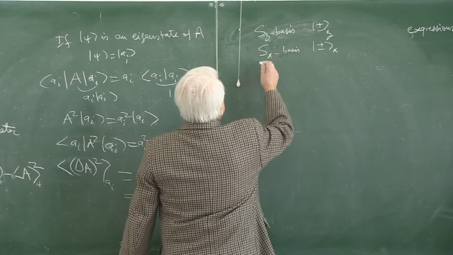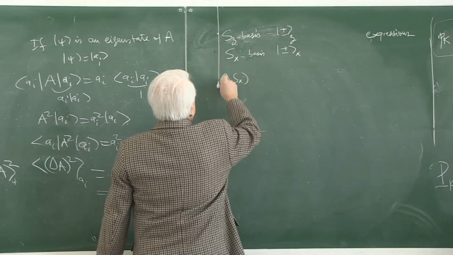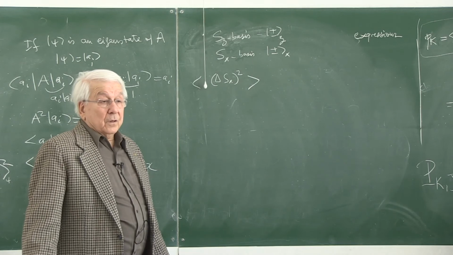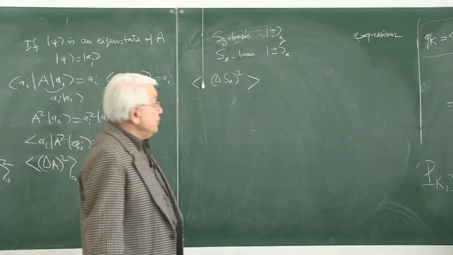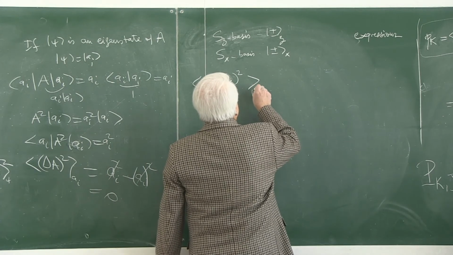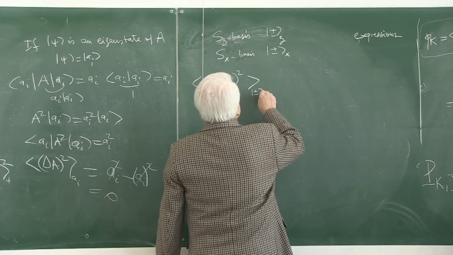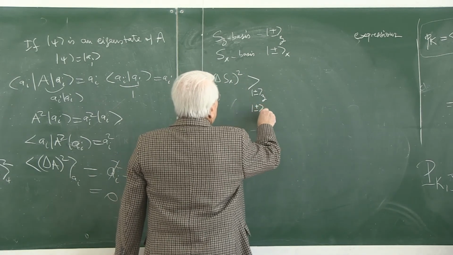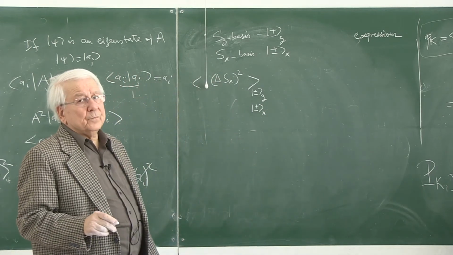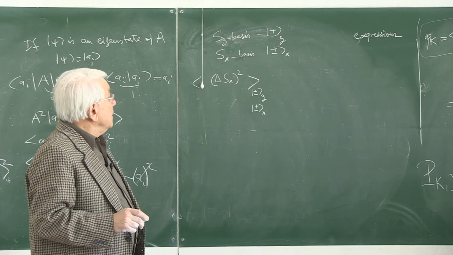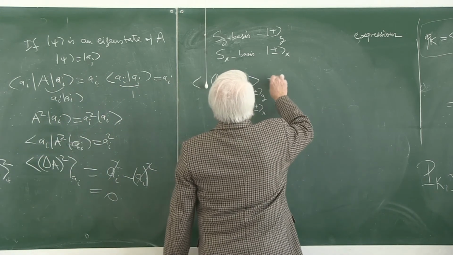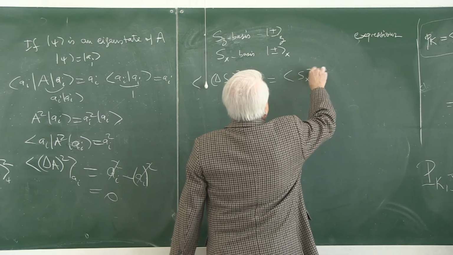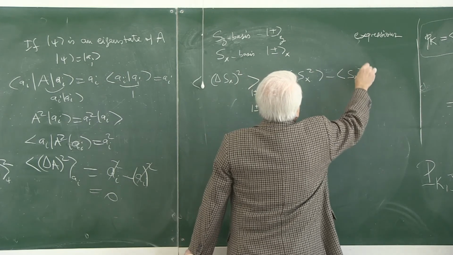You may wish to ask, what is the delta Sx squared? Question, you say, in what basis? Well, you may wish to compute this in the, say, plus Z basis or plus X basis. Well, first of all, we have to remember that this is the expectation value of Sx squared minus the square of the expectation value of Sx in any case.